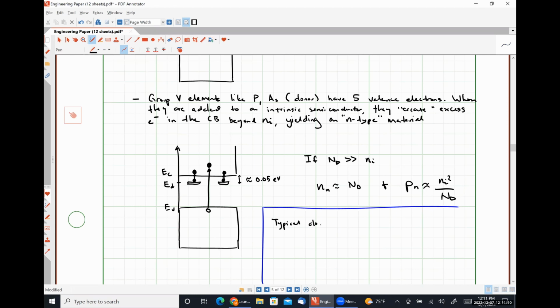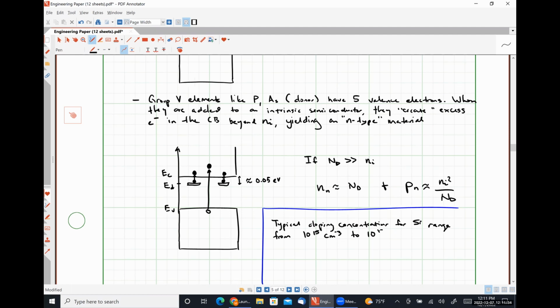Typical doping concentrations for silicon range from 10 to the 15 per cubic centimeter to 10 to the 18 dopant atoms per cubic centimeter, okay?